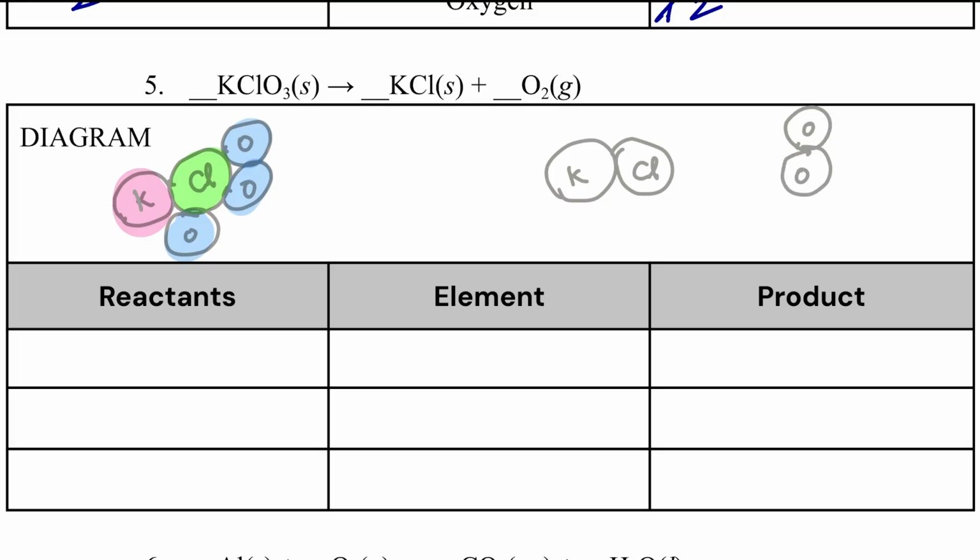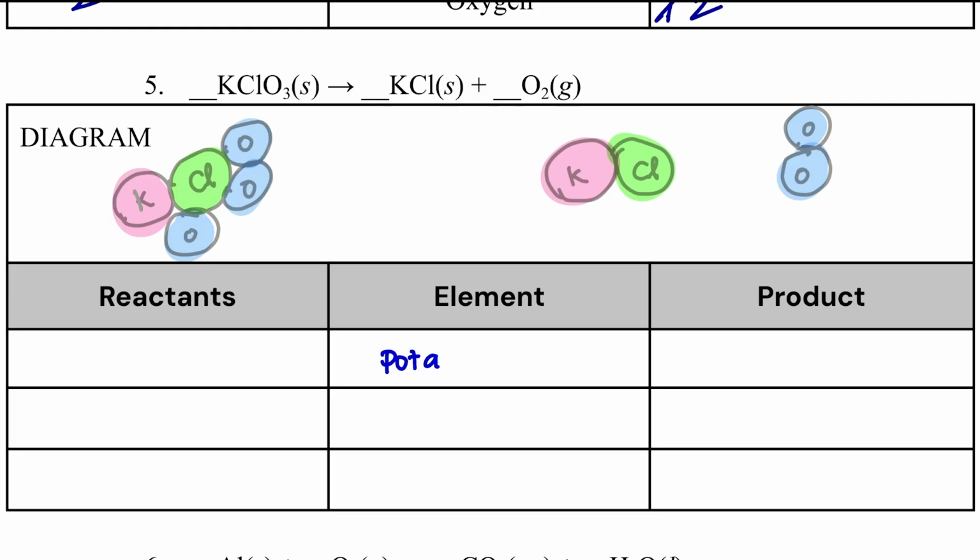All right, and so we're gonna go ahead and do our atom inventory after we color these in, just so that we can also visually see how many of each that we have. Okay, so we've got our potassium and our chloride and our oxygens in our product side colored in.